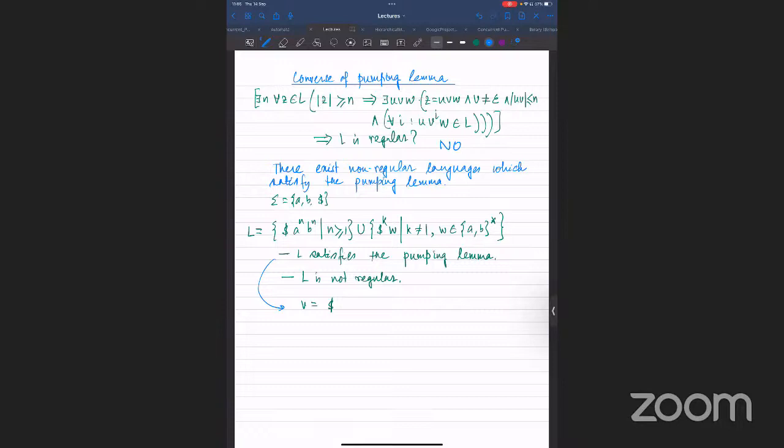This part is regular, clear? You can draw a DFA for this. This part is not regular, correct? In fact, for this part you can easily show that it will satisfy the pumping lemma. What is more interesting is this part. So what is your V?